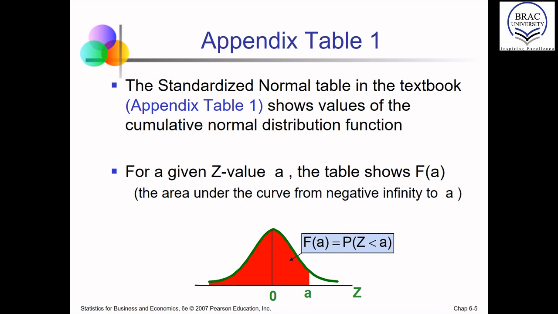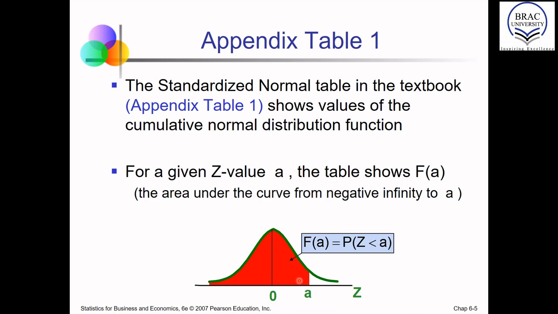For a given Z value, the table shows F(A), that means the area under the curve from minus infinity to A. So if A is an outcome on your standard normal distribution's probability density, the table will give you the probability of Z for all the values from minus infinity till A.